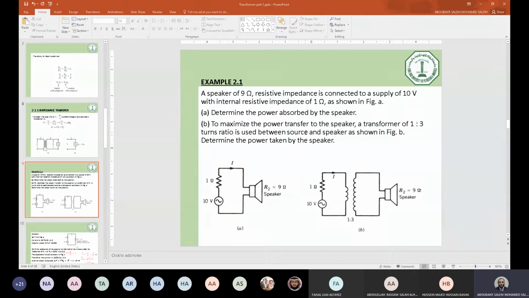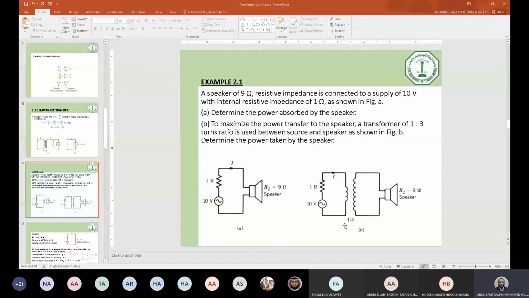Now, to maximize the power transfer to the speaker, a transformer of 1 to 3 turns ratio is used between the source and the speaker, as shown in figure B. So we insert a transformer between the supply and the speaker. The turns ratio of the transformer is 1/3, so this is N1 divided by N2. What's required here?